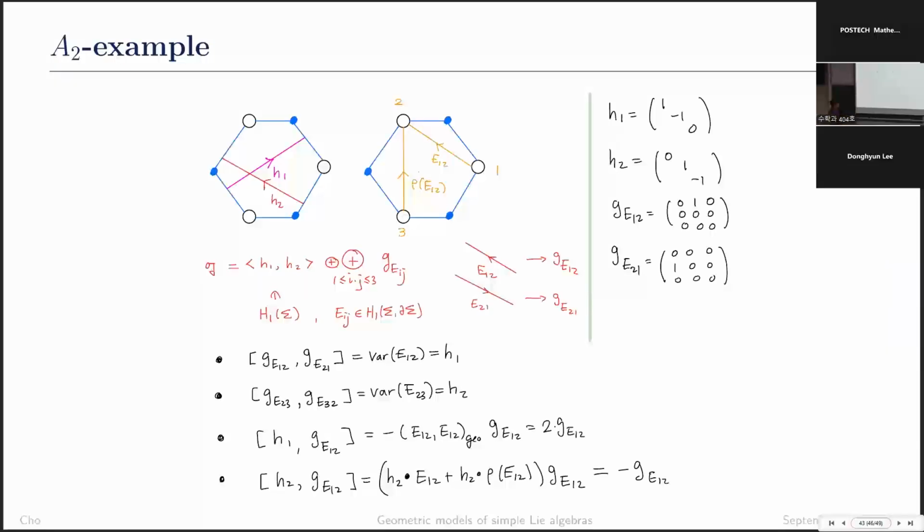So let me just briefly illustrate what happens for A2. This middle dimensional homology is generated by H1, H2. These are closed curves, and these arcs are roots. So you can just compute and check by hand that it agrees with sl3.